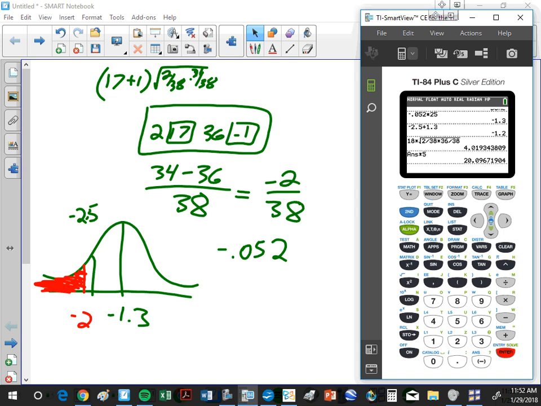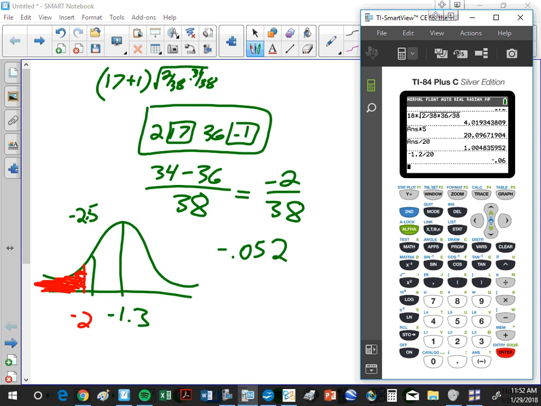So we found our distance as negative 1.2. I need to divide that by 20. And I get a z-score of, no, that's not right. Sorry, negative 1.2 divided by 20, I did it backwards. 0.06.